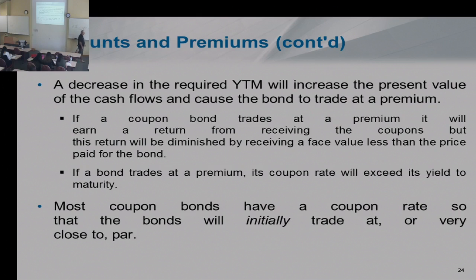Another way of looking at it is, if the yield to maturity is less than the coupon rate, then it's a good bond to own and it will sell at a premium.